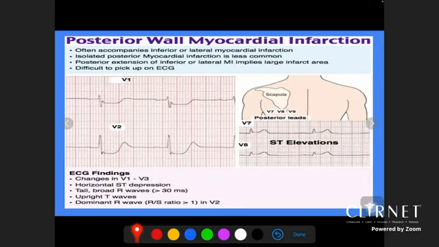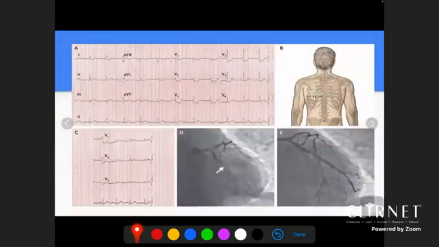Actually, posterior ST elevation or right leads ST elevation will disappear within 12 to 24 hours in most patients. So after 24 hours, these changes will disappear also from the posterior or right. So it is necessary to be detected as early as possible.